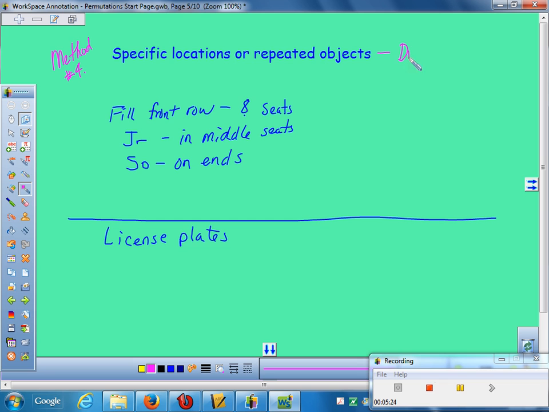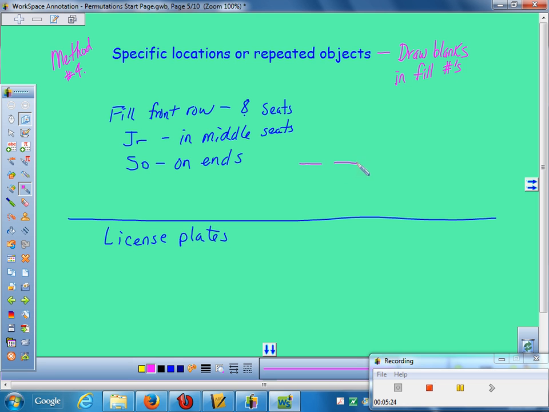So I'm going to tell you the only way to do these kind, if they put specific requirements on it, you have to draw out the little blanks and fill the numbers in each blank. There's just no other way. You just got to do it one spot at a time and go, how many choices do I have for each spot?